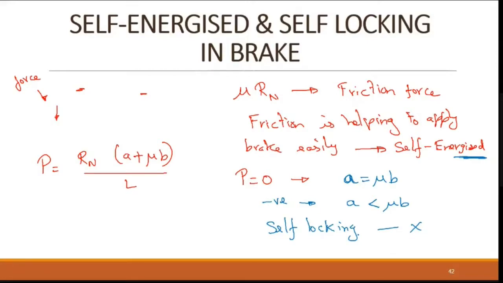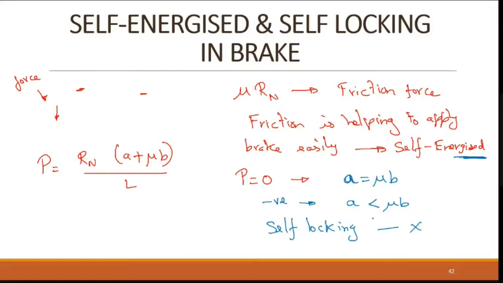Self-locking alone, one minute. So when your P is 0 or negative, it means there is no force required to apply the brake. It means that it is self-locking, when your distance A is lesser when compared to your B distance.